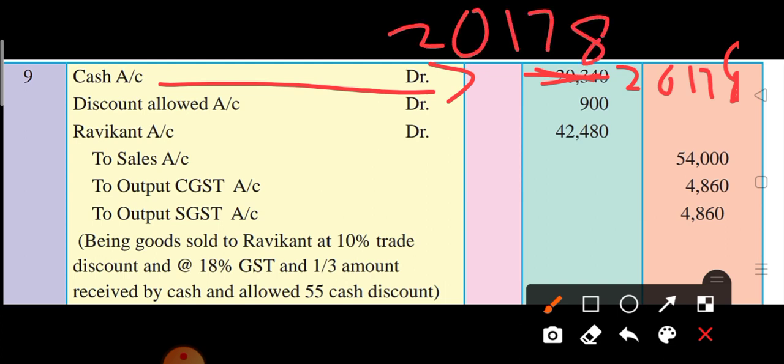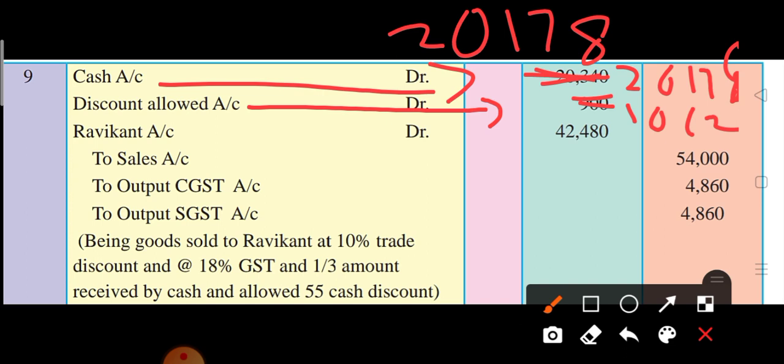How much discount I have allowed? I have allowed discount of rupees 1,062, not 900.